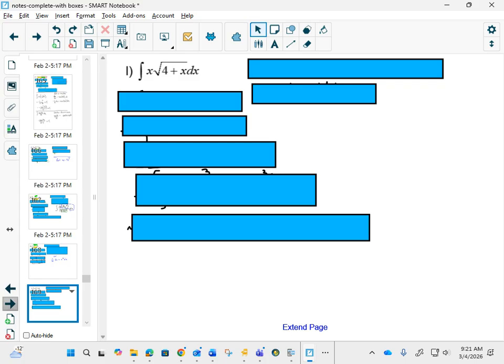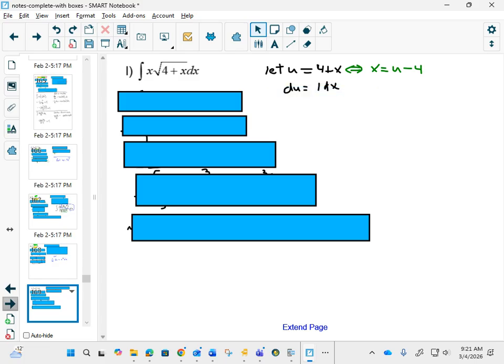I have an inside function, so I'm still going to make that my u, but I'm going to play with that a little bit later on. If u is equal to 4 plus x, does it make sense that x is equal to u minus 4? Just rearranging that.